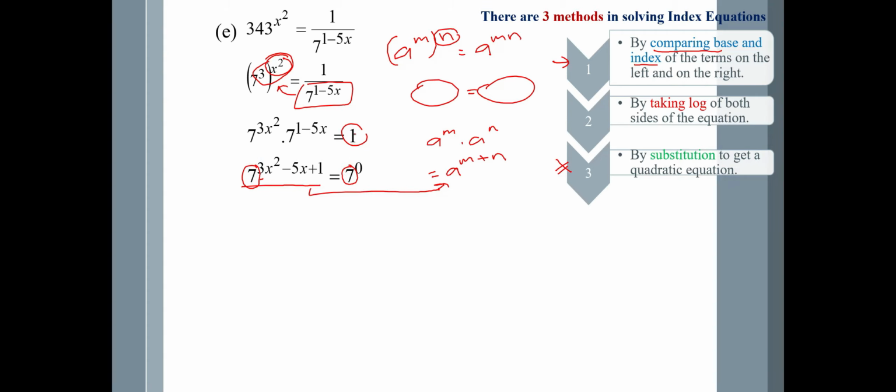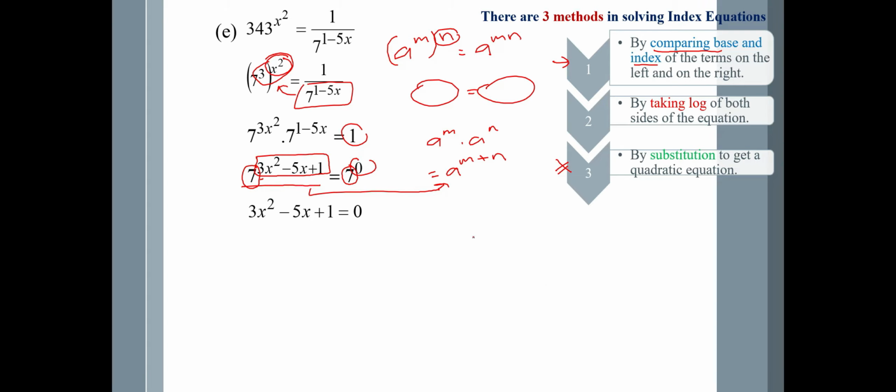As you can see, 1 can be changed to a base of any number to the power of 0. So let's say if our base here is 2 to the power of blah blah blah, then on the right side we can also change it to be base 2 to the power of 0. So it's up to us, because anything to the power of 0 is always 1. But since we want to have the base 7 here, that's why we chose 7 to the power of 0. And only then we can compare the powers.